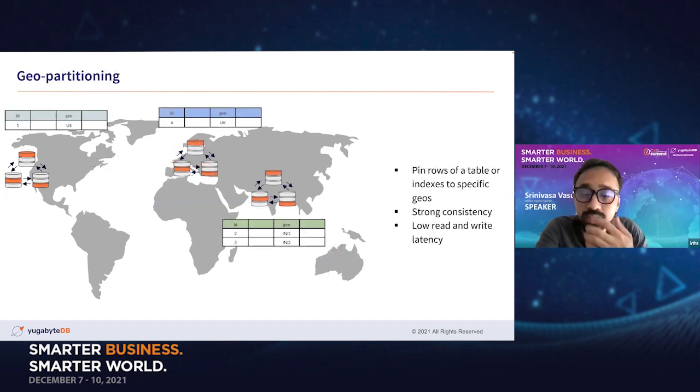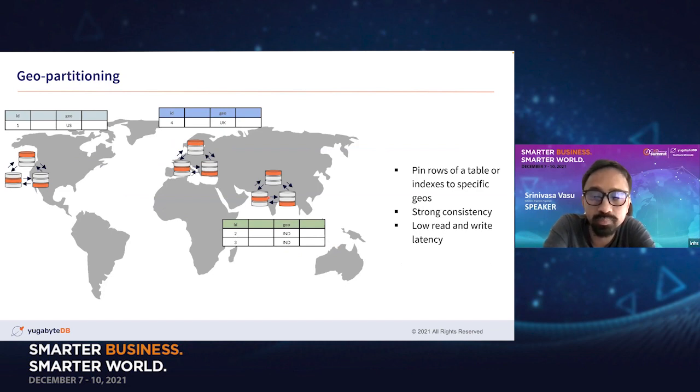And geo-partitioning is also one of the features of a distributed SQL database. This is vital from a GDPR-based requirements standpoint, right? Though a cluster can be stretched or distributed across different parts of the globe, we still want the data to be pinned to a specific region, right?